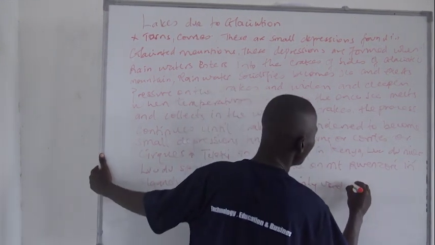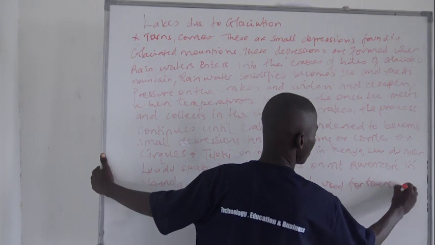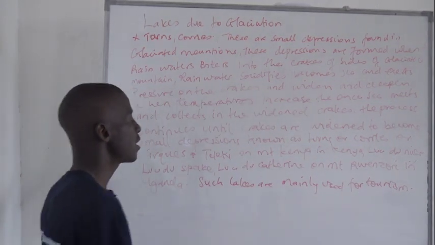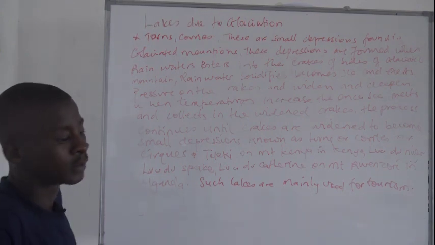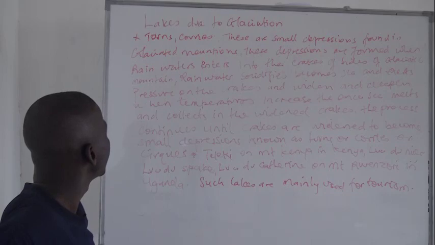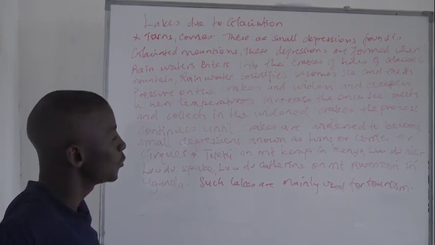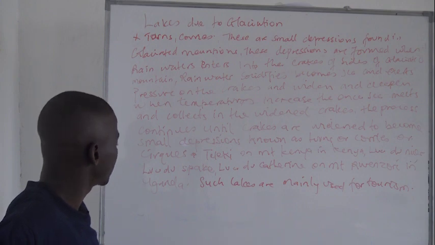They are mainly used for tourism. So those are lakes due to glaciation. And that is the 4th type of lakes.